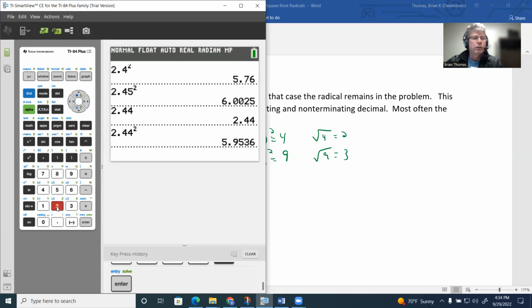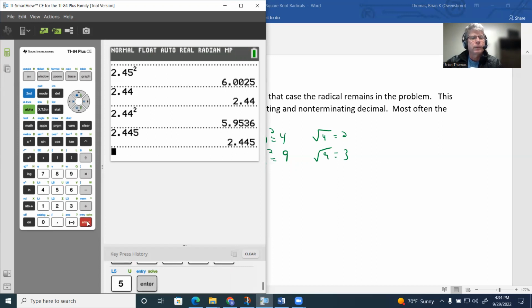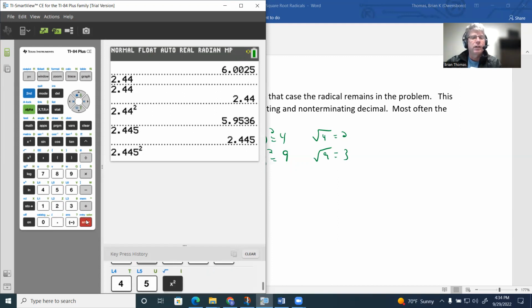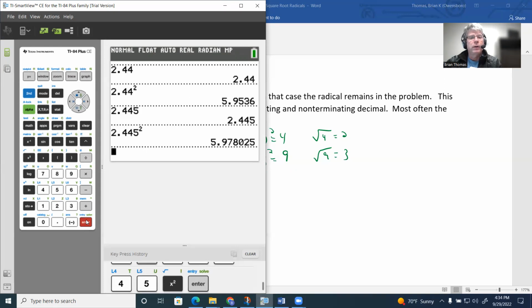So if I try something like 2.445 squared, hit enter, notice that that's too small. So I'd have to pick something higher than 2.445. So I can maybe try 2.446 squared.